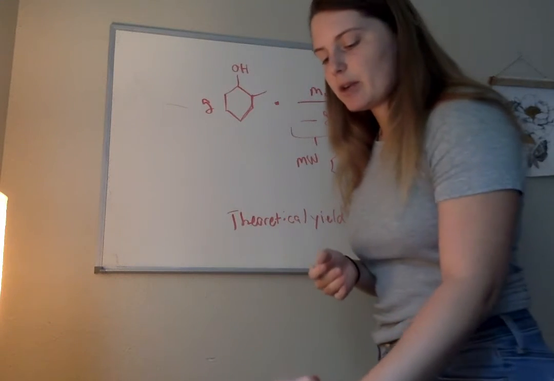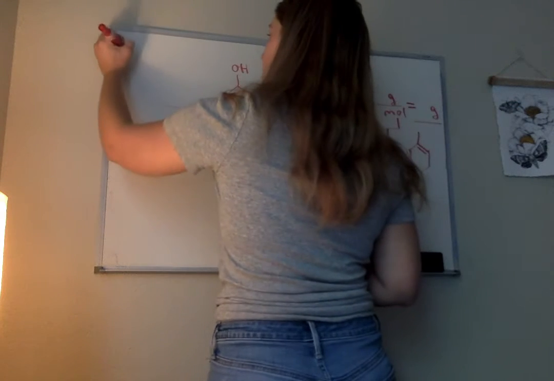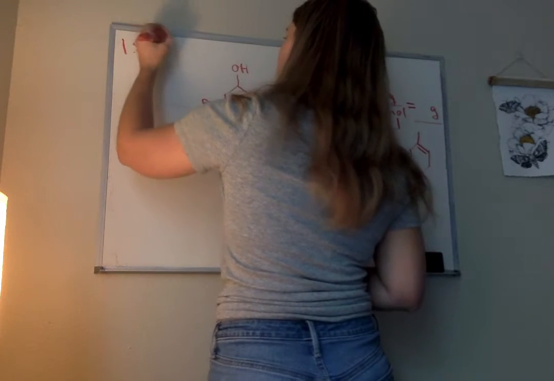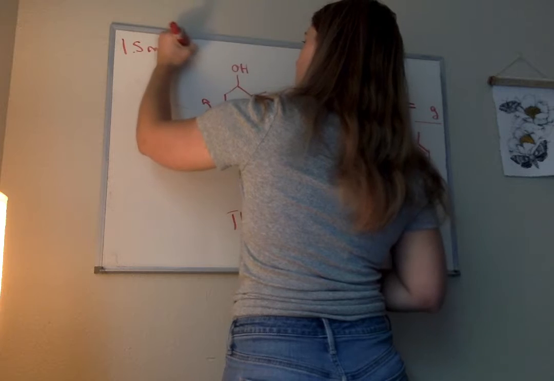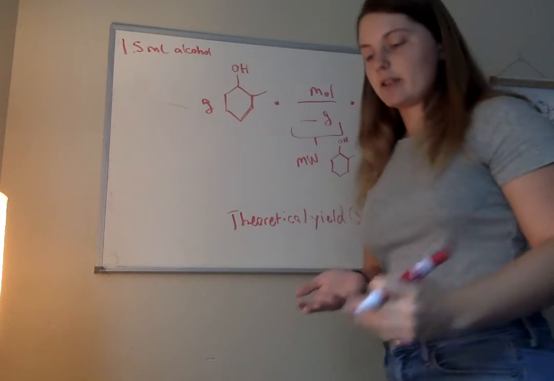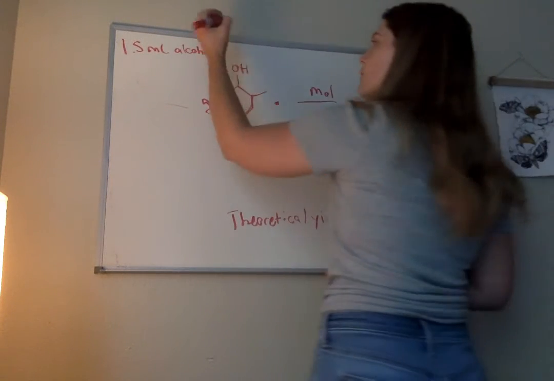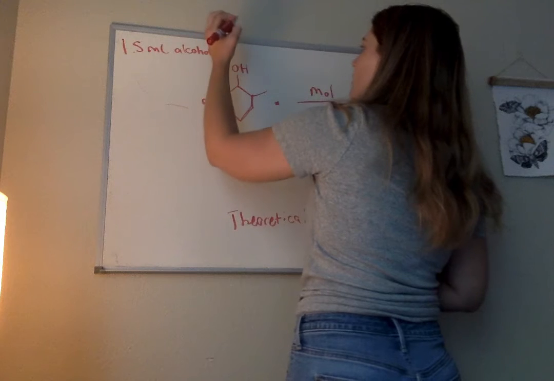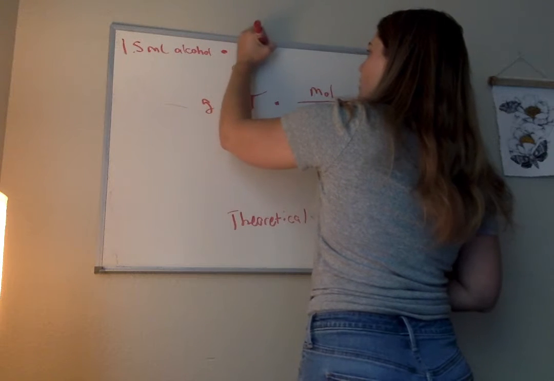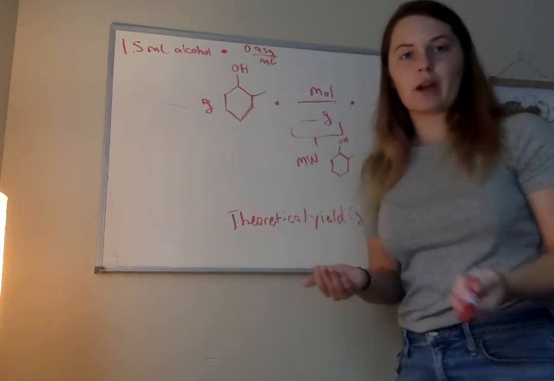So let's say someone measured out exactly 1.5 mL. Well, then we'll just convert using the density of that alcohol. So I think I looked it up, it's like 0.93 or something. So that would be times 0.93 grams per mL, and that'll give you the gram amount.